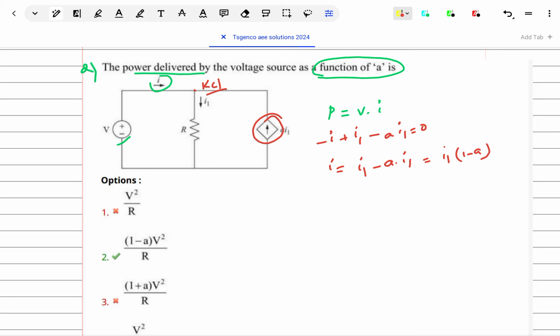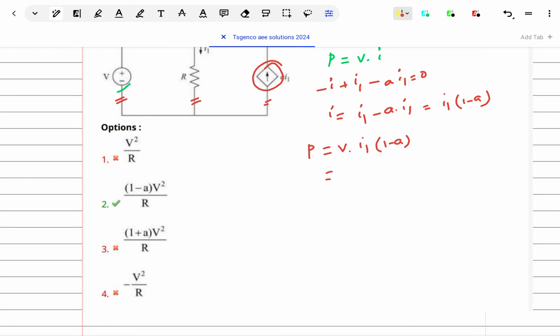Now, what is P? P is nothing but V into I. So instead of I, I can write I1 into (1 minus A). What is V? This voltage source, this resistor and this current controlled current source are in parallel.